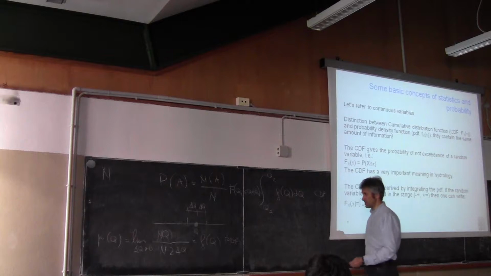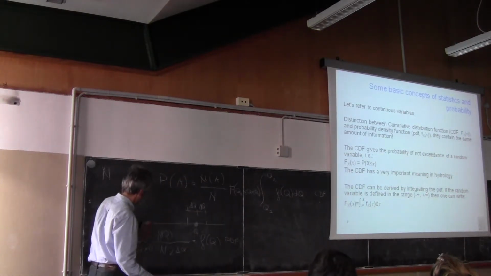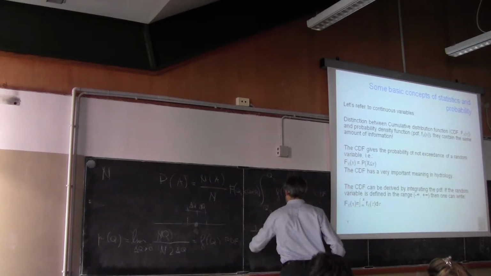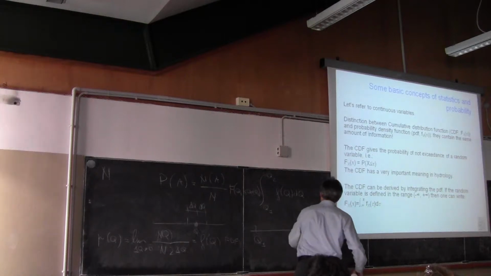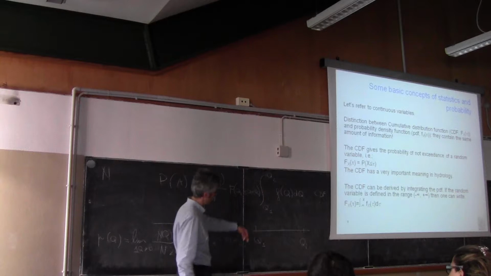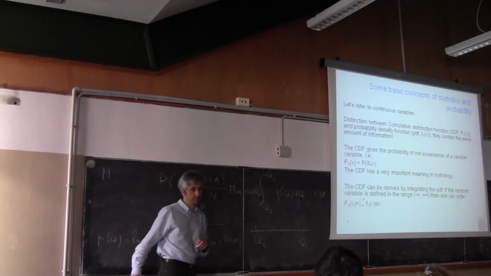And what is this? It is basically, if we indicate on the real axis Q1 and Q2, the probability for a given value of the river flow to fall within this range.